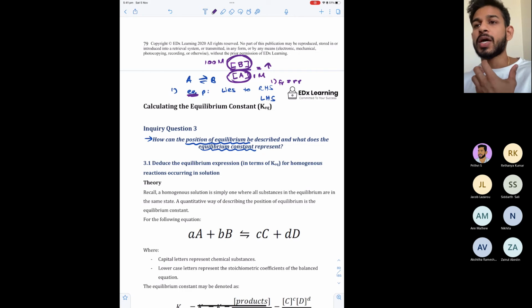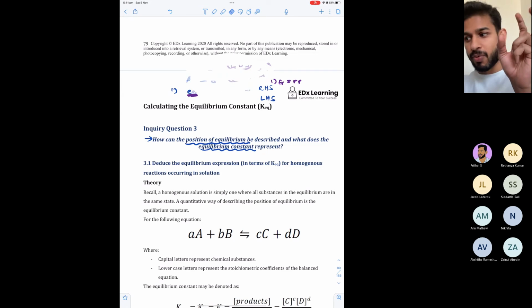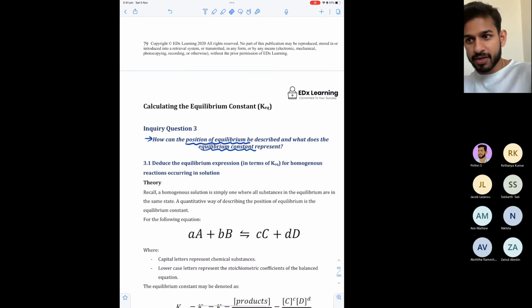And what if there were equal concentration of reactants and products at equilibrium? In that case, you would say the equilibrium position lies towards the middle. Very good. Now, I've alluded to this quantitative way to measure equilibrium position. I said divide the products by the reactants, but it's not that simple.